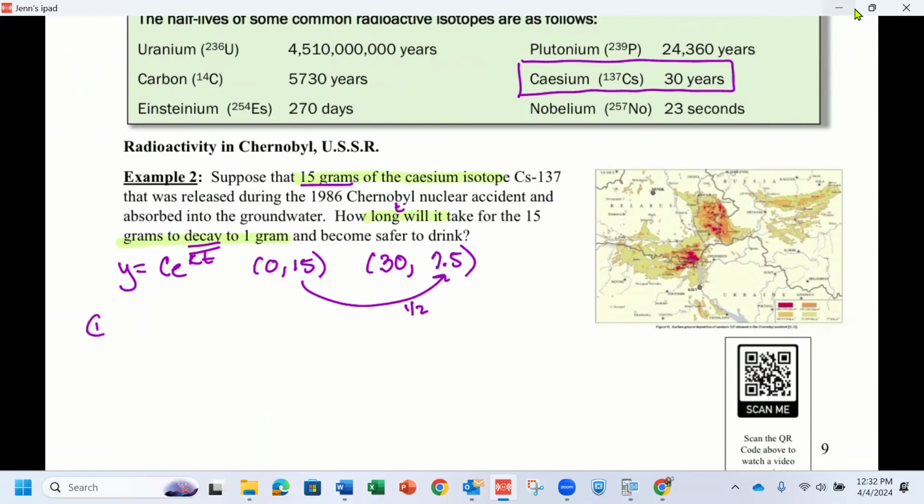Like I said, first step is always the same. You're going to find C. Remember, to find C, you're always going to use C as your initial amount. So you're always going to use the ordered pair that has your t value of 0.